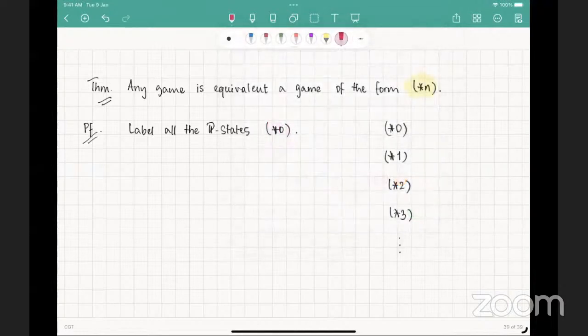What we know about the single heap nim games is that all of them are N's except for the one that's empty, right?